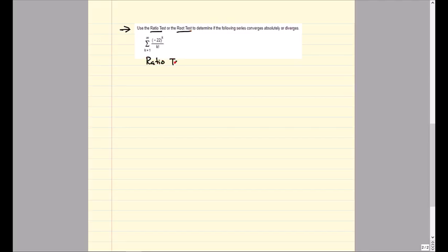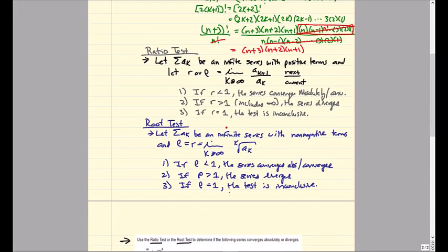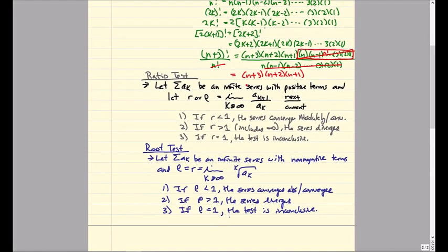So the ratio test. So remember, for the ratio test, what we want to do is set up a limit where we look at the next term divided by our current term. So let's go ahead and set that up. So first of all, this is infinite, and it's a series. In this particular case, I just remembered, I'm taking the absolute value here, so let's pop back up here and put in these absolute value signs.